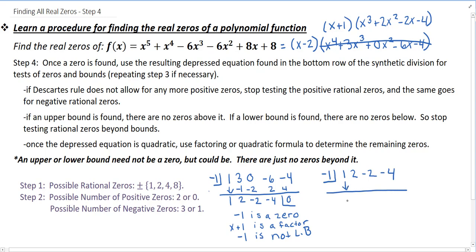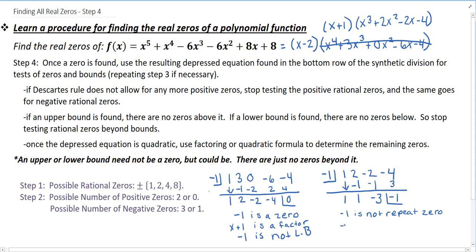And we'll pull down that leading coefficient and we'll multiply by our a of -1, combine, multiply by -1, combine, multiply by -1, combine. And we can see that -1 is not a repeat 0 because we have a remainder of something other than 0.